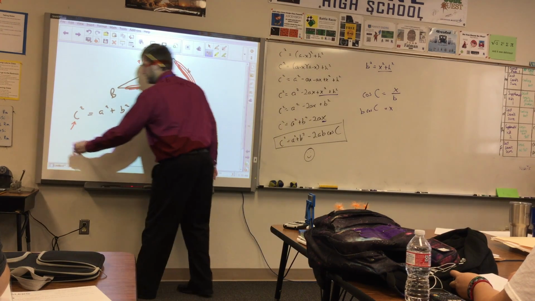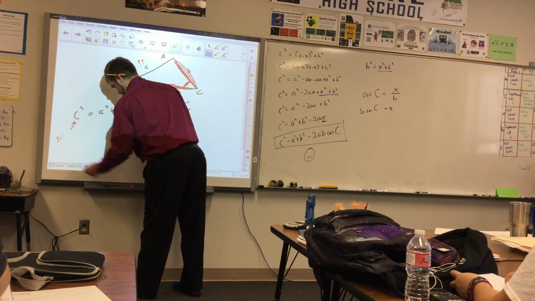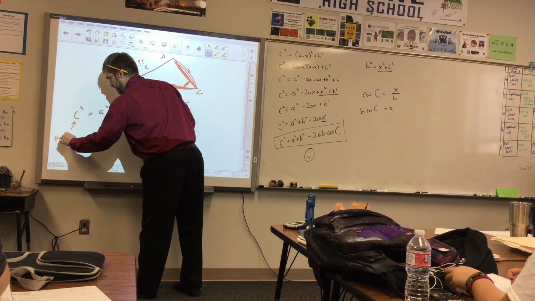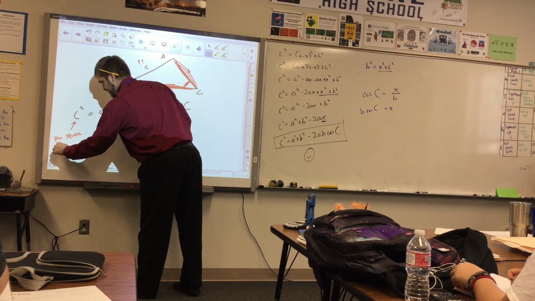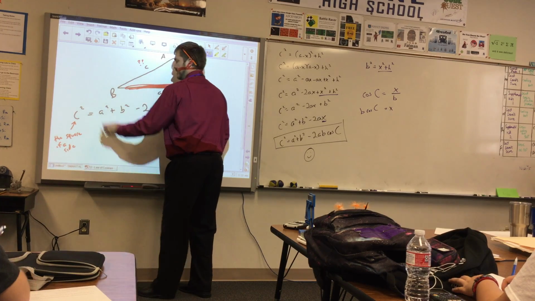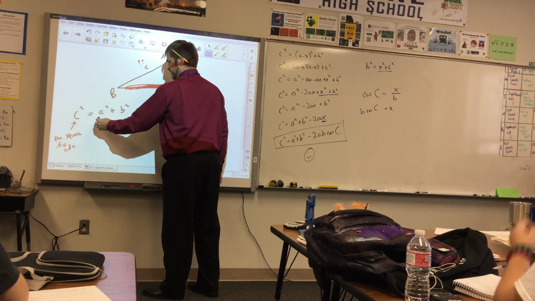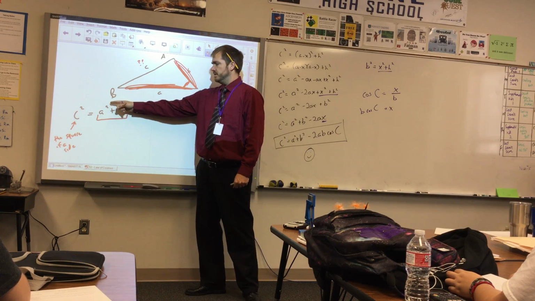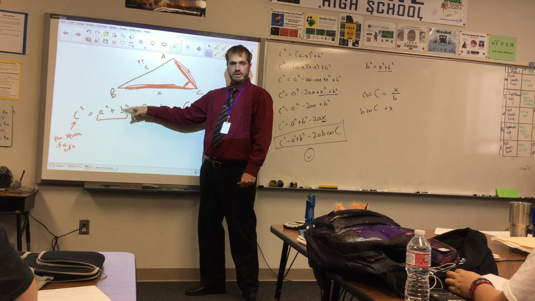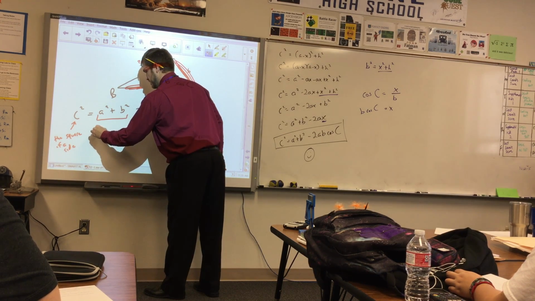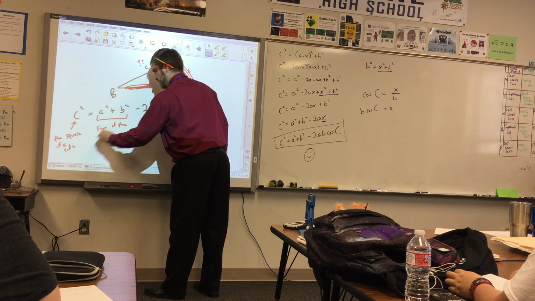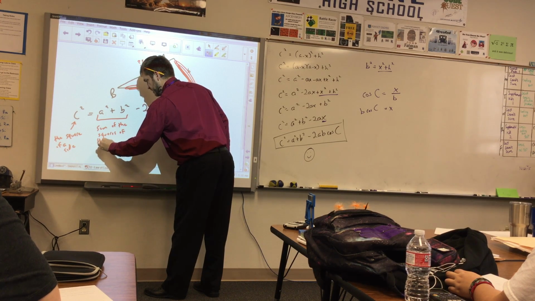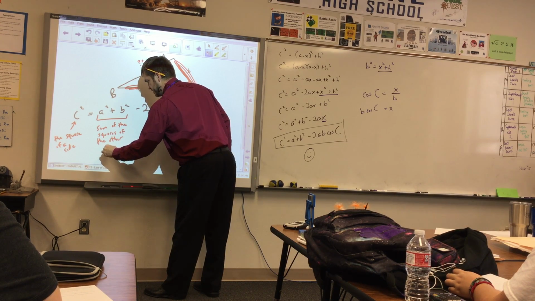So we can say, I'll just write, the square of a side equals the sum of the squares of the other two sides.